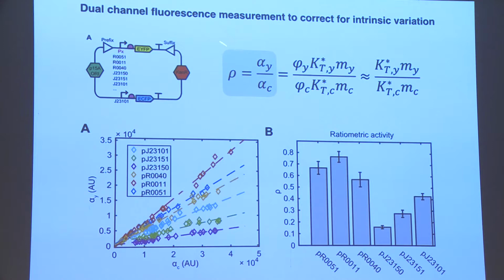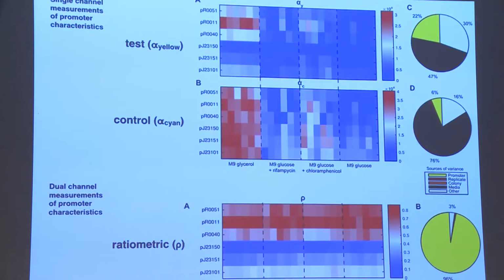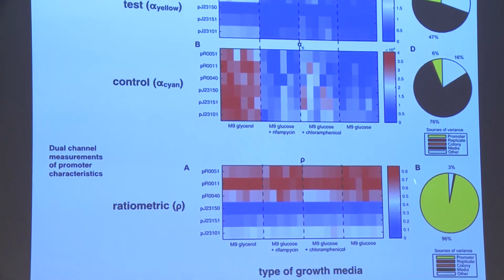So we have this factor rho, where, even when you're looking at very different media properties, you still retain these straight line relationships by using this ratiometric estimate, which corrects for the transcriptional load and the extrinsic factors which affect cell growth, as opposed to the intrinsic value of the promoter.